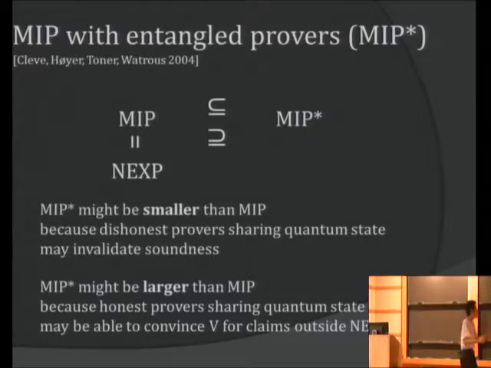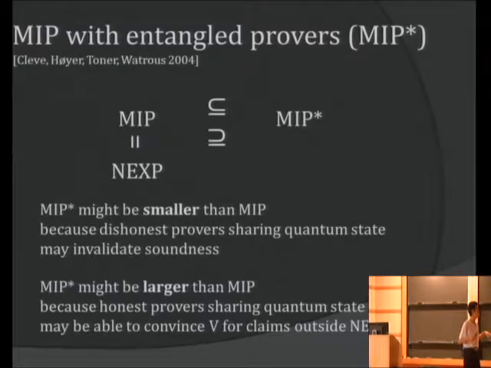So allowing more to provers has two aspects. One is that dishonest provers may use this additional power, and therefore the class might be smaller than the original. Or honest provers might use this for the verifier's benefit, and so the class might be bigger than the original.